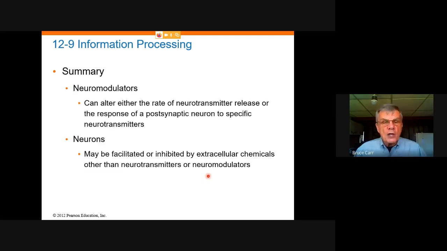This idea of a neuromodulator: a neuromodulator is a third neuron affecting a synapse, which can either inhibit or facilitate the transmission of that signal across the synapse.